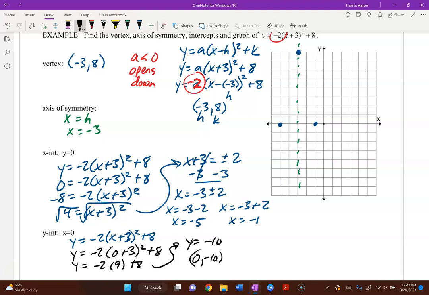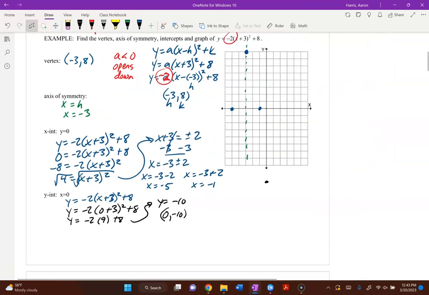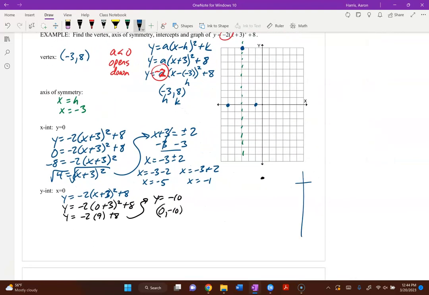When x is 0, y is somewhere down here. So I can kind of draw this now. Ideally, I'm going to throw in maybe a few more points. With my quadratics, I like to make a table of values as well with my vertex first. So here's my vertex.